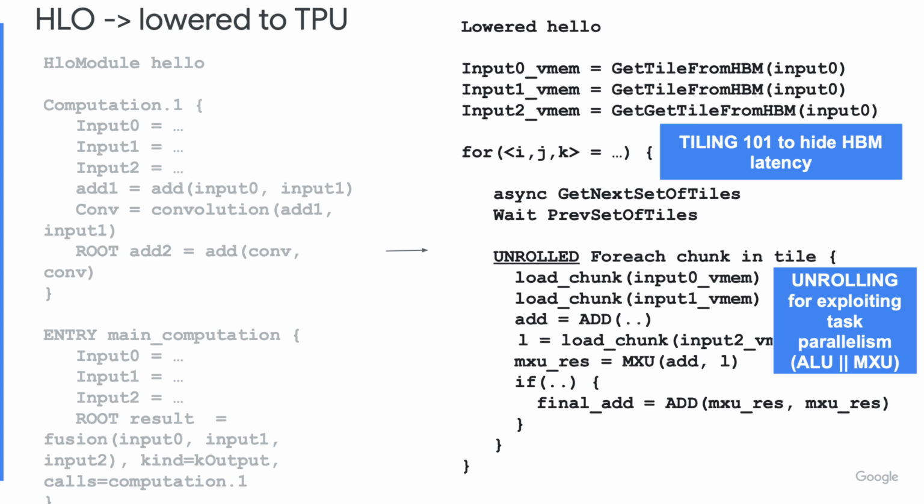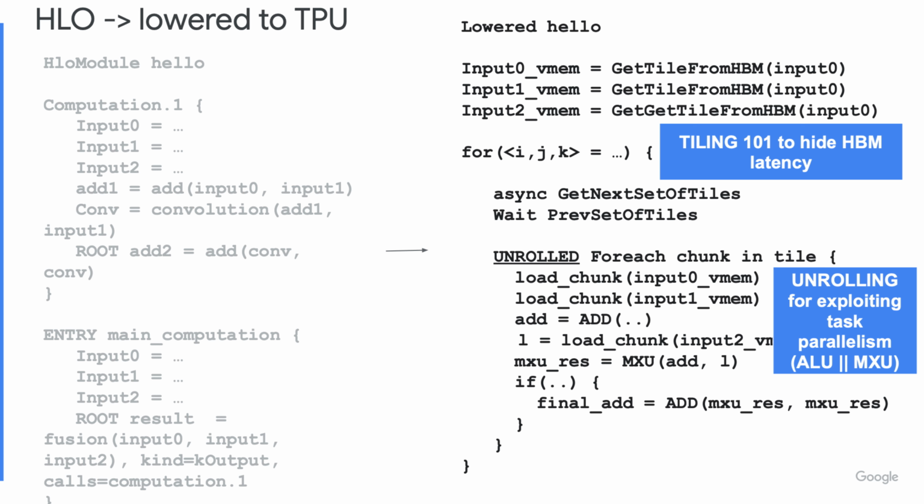Now, this fusion is then lowered, that is, you generate machine code for it. And as I talked about, there are two things that you do. You pipeline, which is basically you find the right tile size that the con should work on so that you can hide completely the HBM to VMEM latency while you are working on the subsequent tile or the prior tile in the VPU and the MXU.